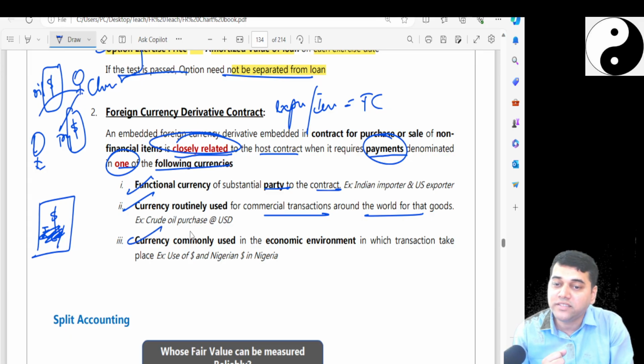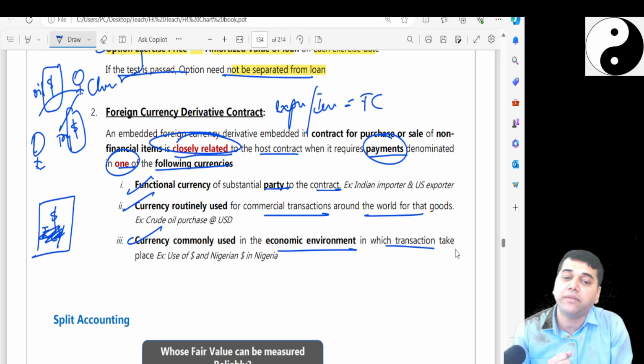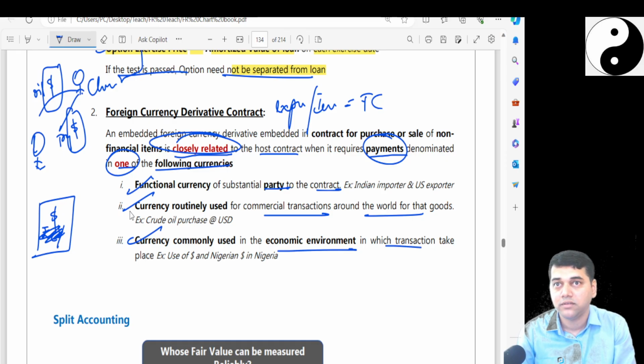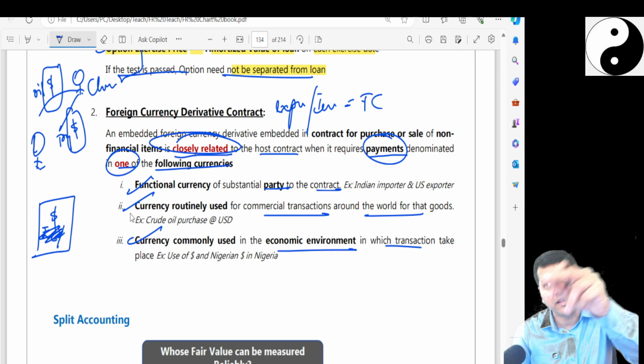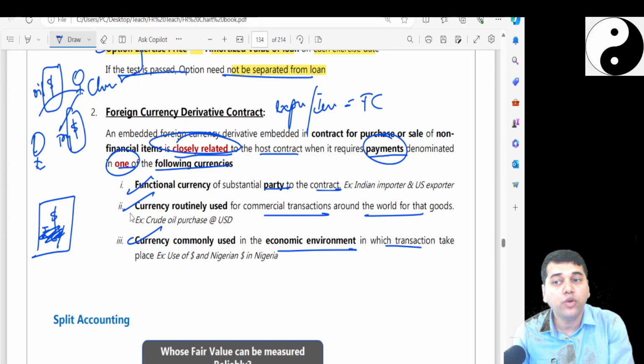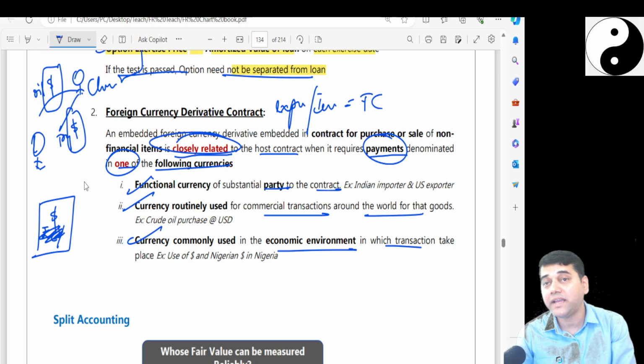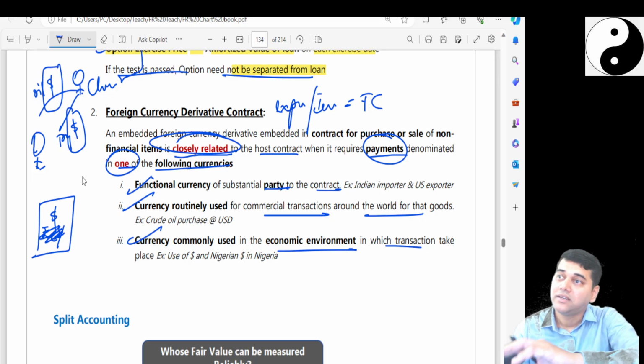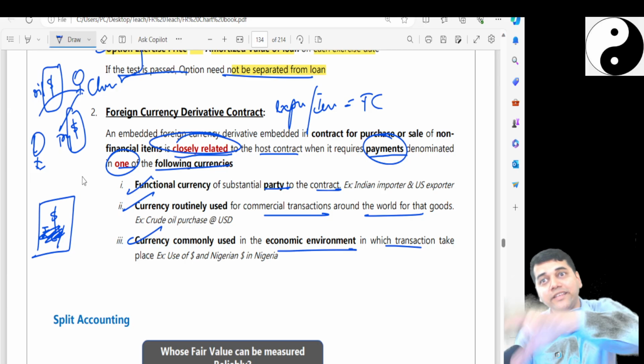Or a currency commonly used in the economic environment in which the transaction takes place. Like if you go to Nepal, in Nepal, Nepalese currency works, INR also works. Like if you had imported a toy from Nigeria in dollar, it makes sense. Why? In Nigeria, dollar also works, Nigerian dollar also works.